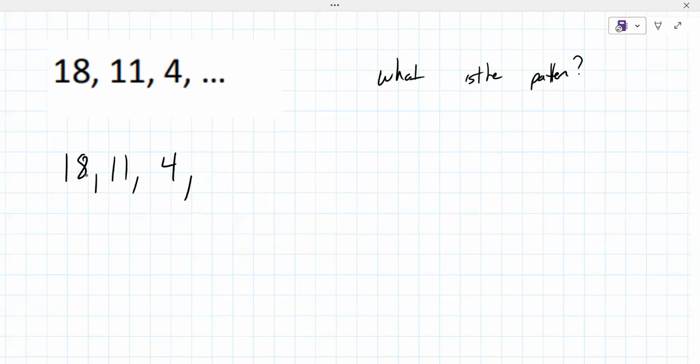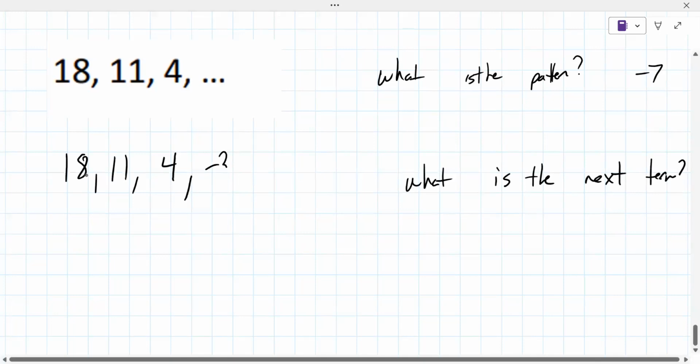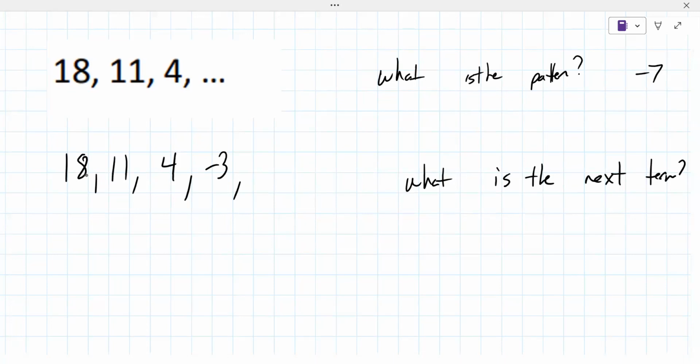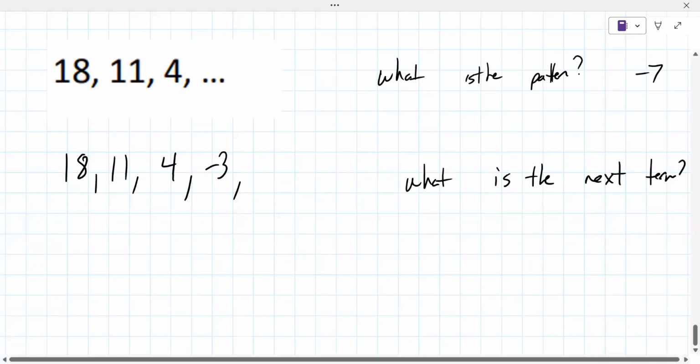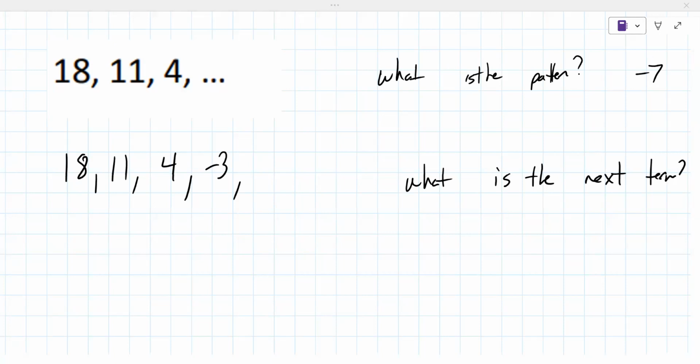What is the next term after 4? -3. Okay. And what's the next one after -3? -10.